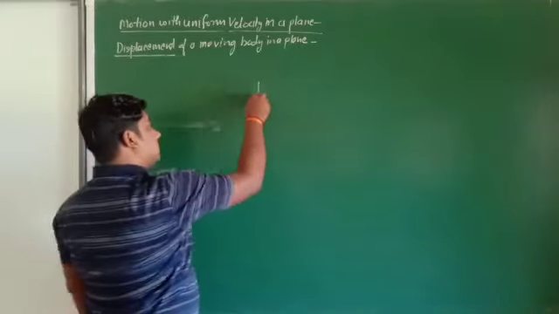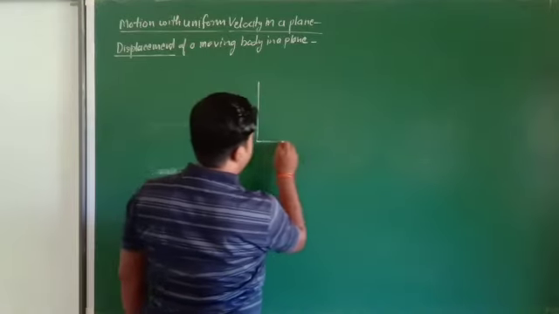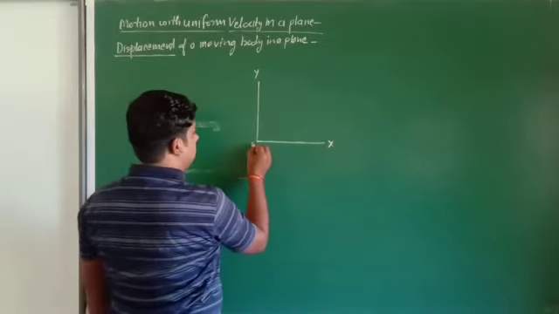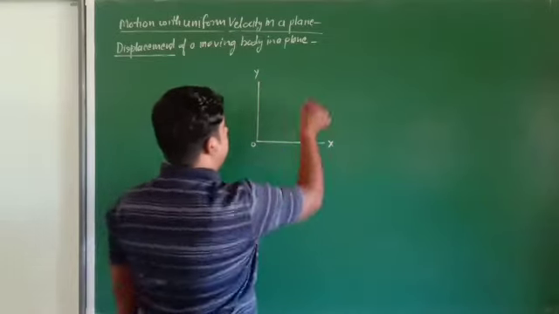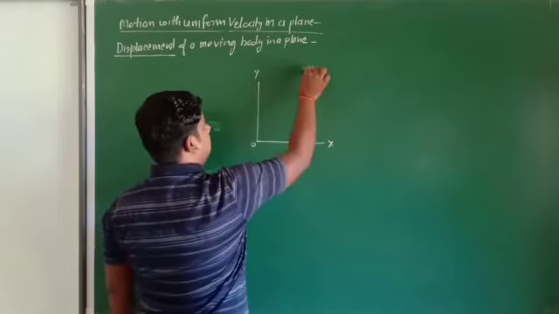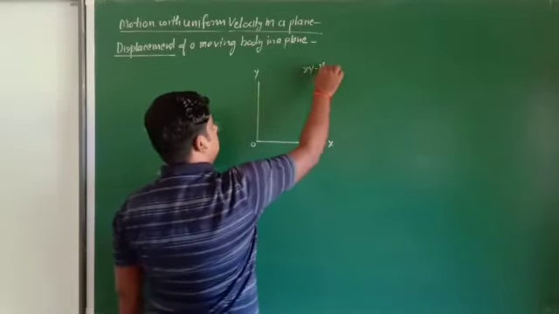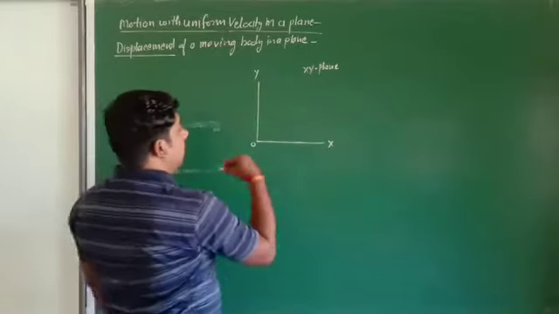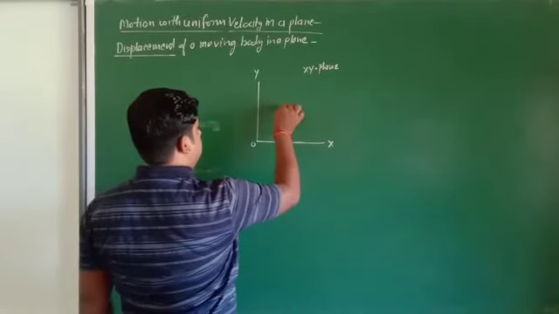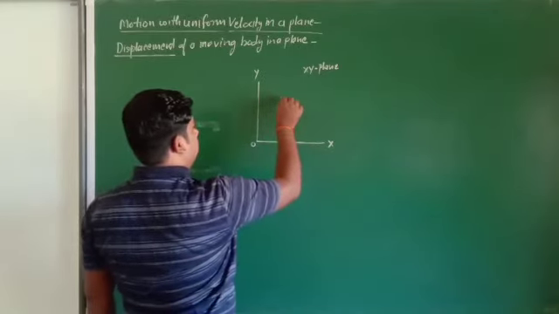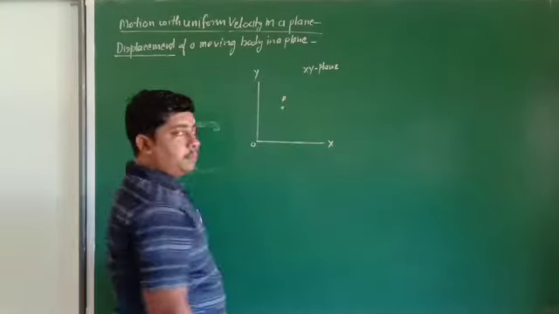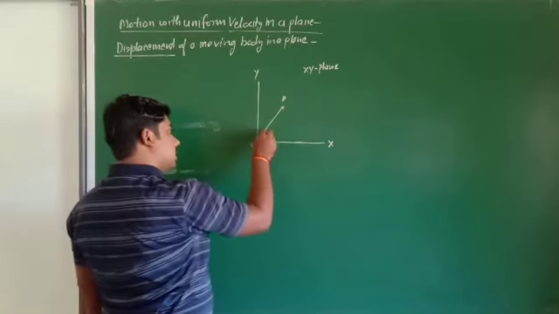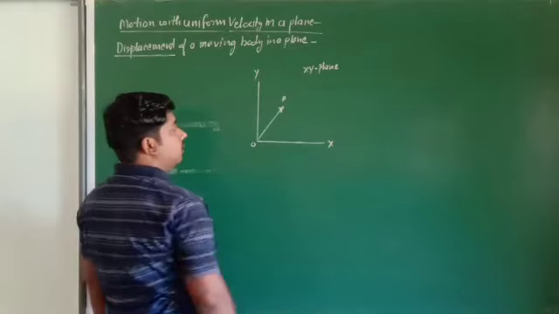First of all we will draw the two axes, this is the x-axis and this is the y-axis. This is the origin O. This is the xy plane, and we can consider an object at the point P, which has its position from the origin as OP.